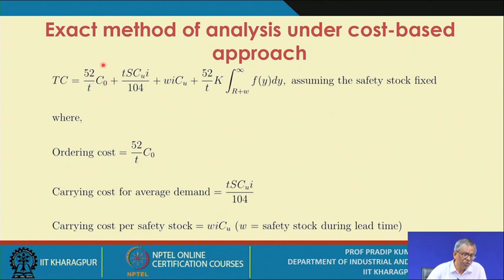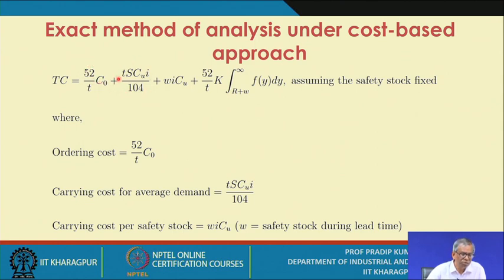So the first component is 52 by T into CO. CO is the ordering cost per order, and 52 by T is basically the number of order cycles, or the order period in weeks. And we are assuming that in a year there are 52 weeks, that's why this term 52 comes.